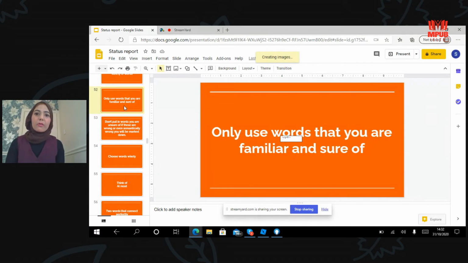So only use words that you are familiar and sure of. If you're unsure of it, you're better off not to use it, because you will get a down scoring. Like we said, IELTS are very strict with the criteria of writing task 1.